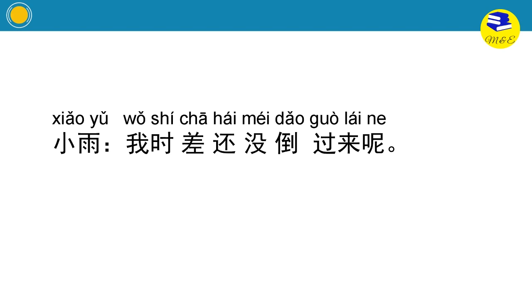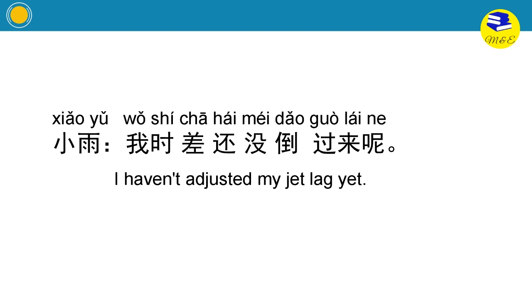Okay, it's a little bit difficult. The general translation would be: I still have jet lag. Yes, you're right. You can also say I haven't adjusted my jet lag yet. So 时差, what does it mean? Well, 时差 means jet lag.